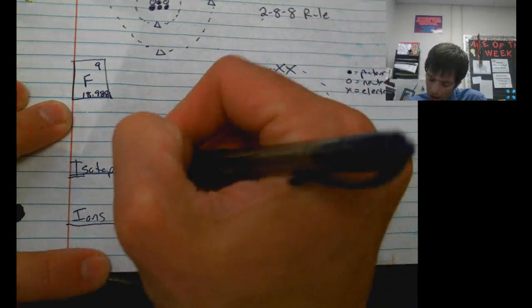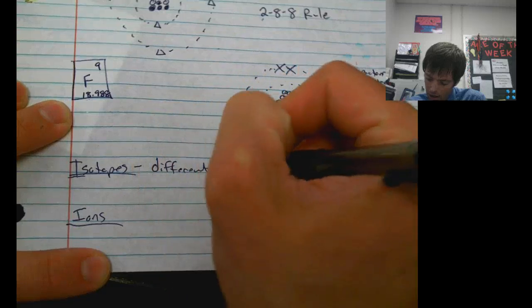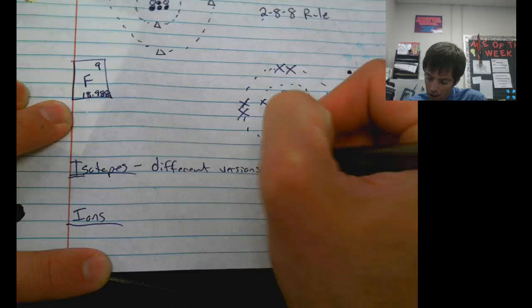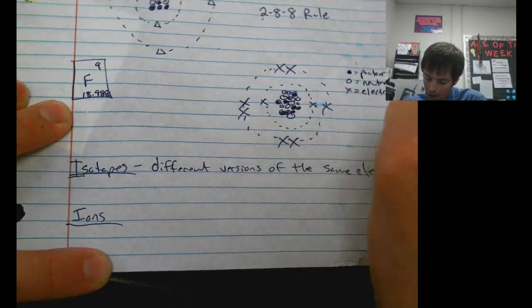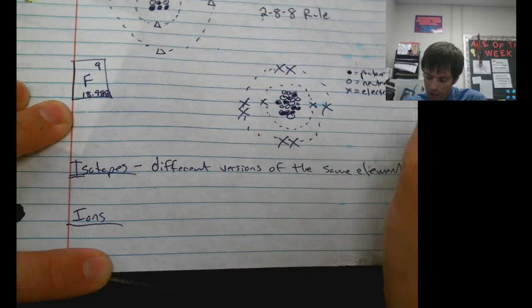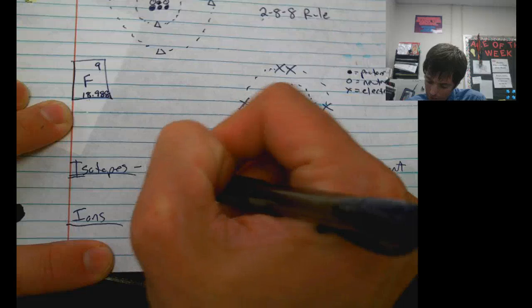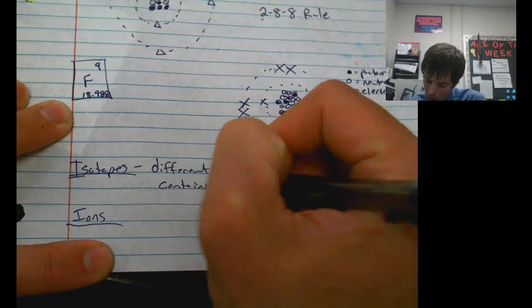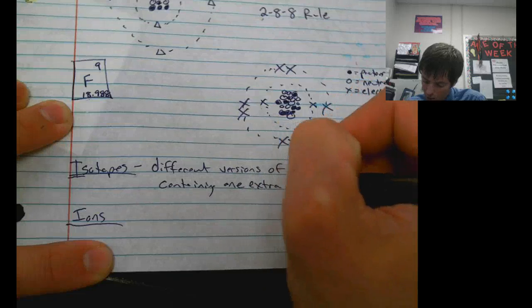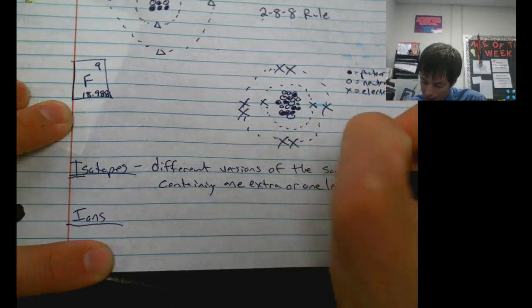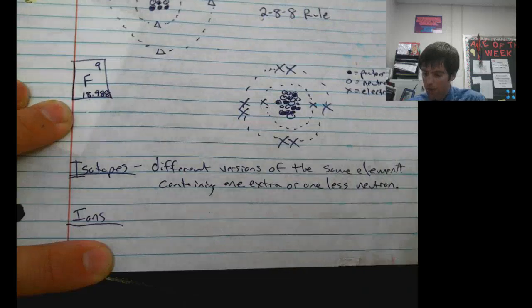Isotopes are different versions of the same element, containing one extra or one less neutron, period.